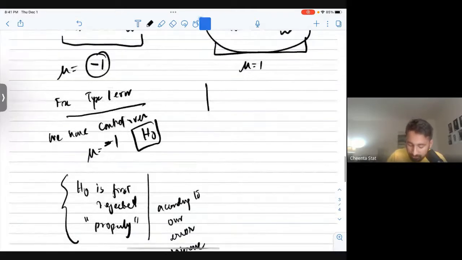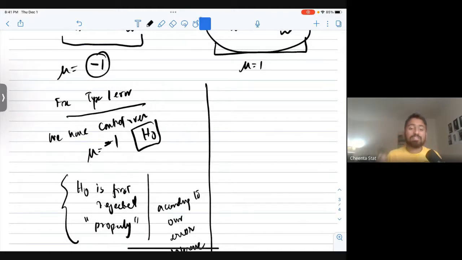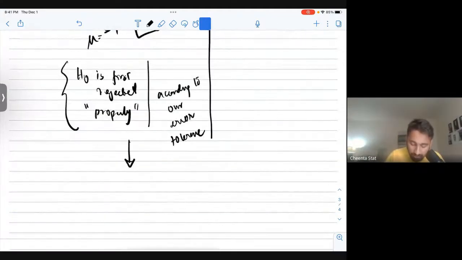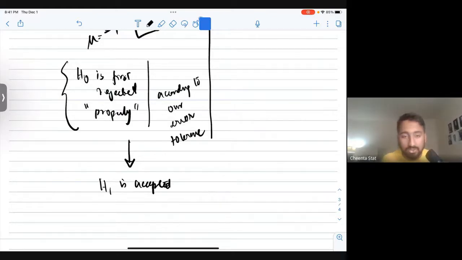But here, if we fix type 1 error, that means h naught is first rejected properly according to our tolerance level, and then h1 is accepted.